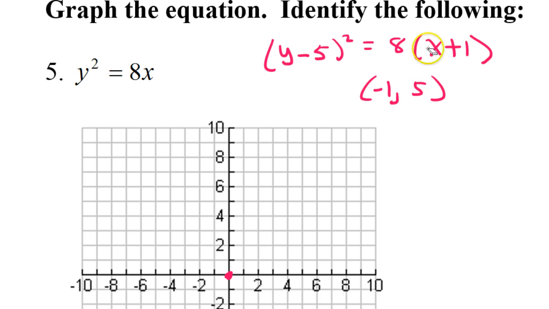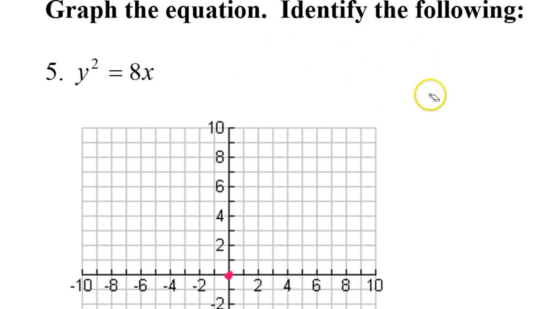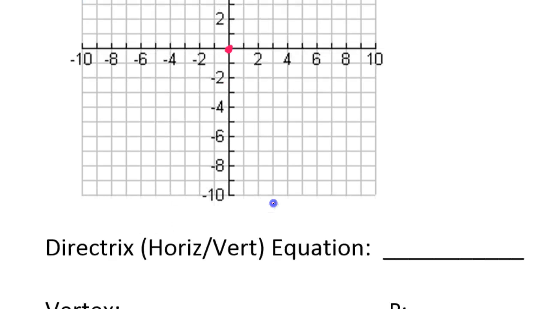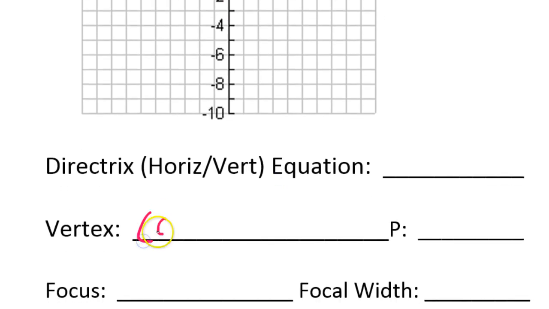We'll talk about that more later. If you don't see any extra values being added or subtracted, there's no parentheses, then you know that the vertex will be 0, 0. So the vertex is 0, 0.